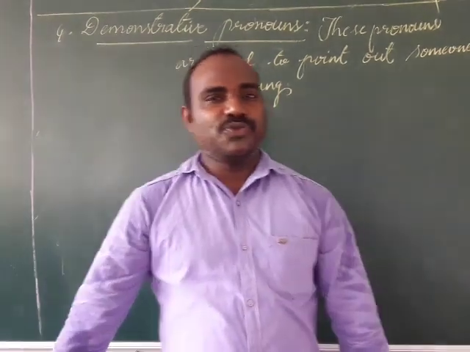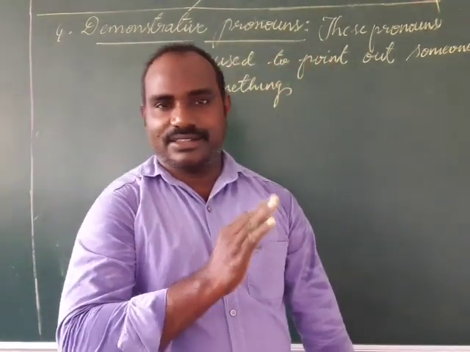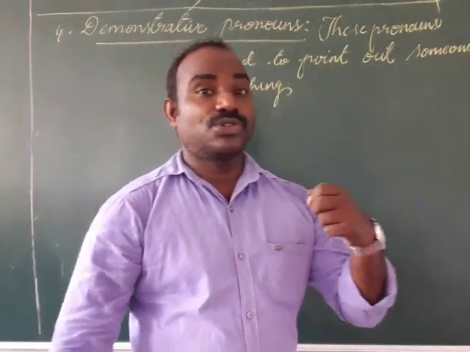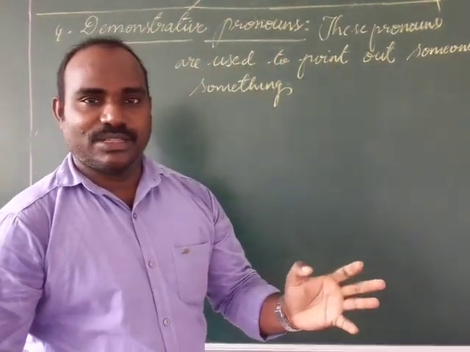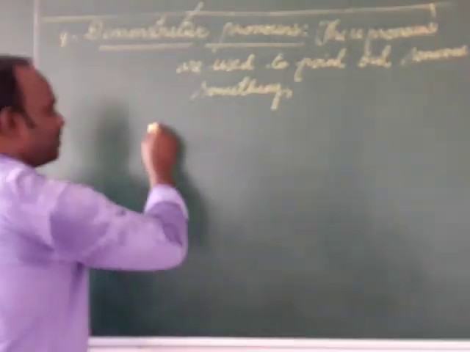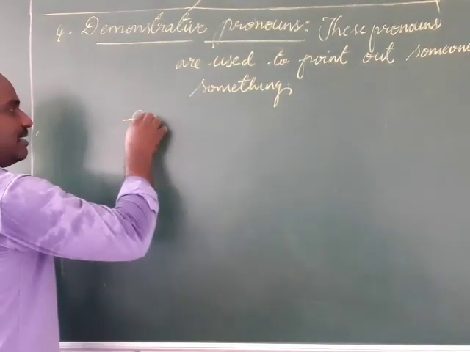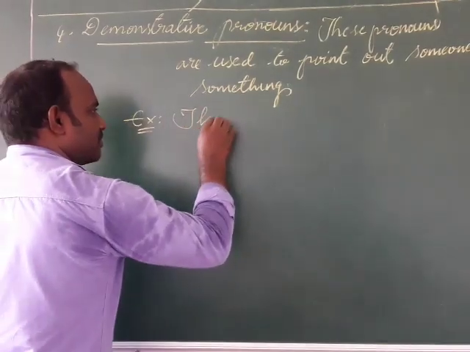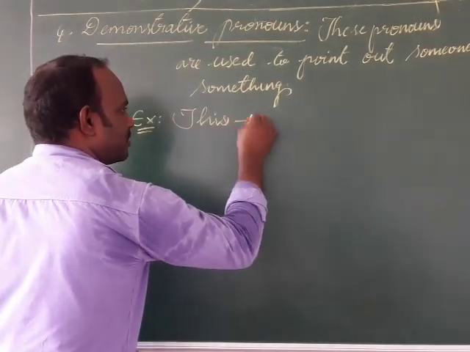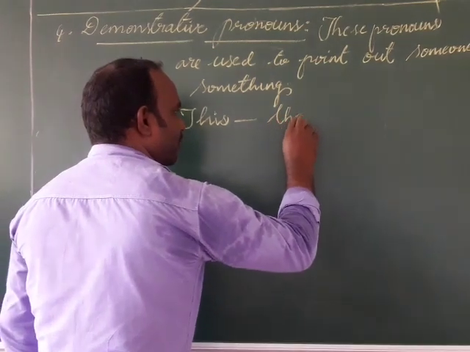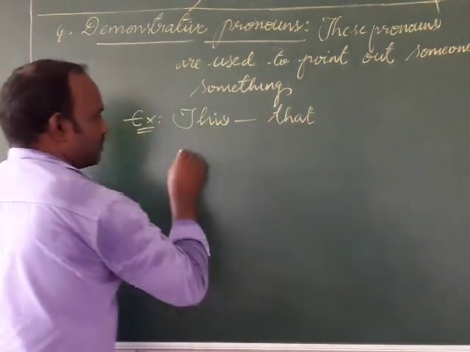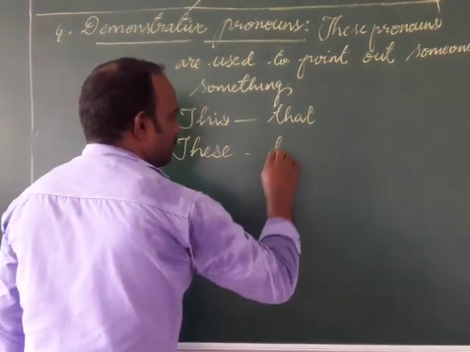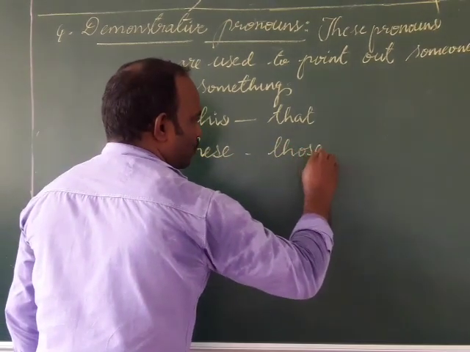Demonstrative pronouns are specifically used to demonstrate others, someone or something, to point out someone or something, or to talk about someone or something. See, examples for demonstrative pronouns are this, that, these, those.